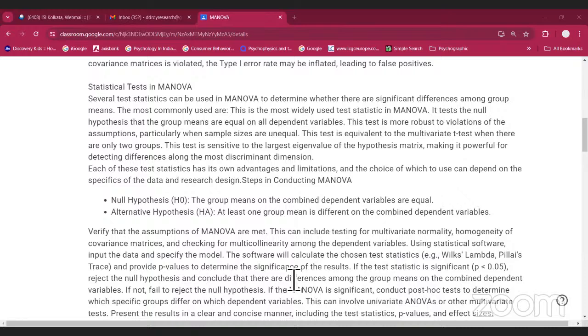MANOVA is usually used for the survey research. Okay, next.